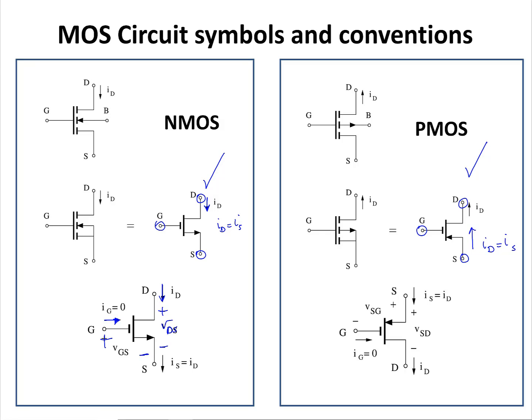For the case of PMOS, we are going to switch the subscripts of the voltages. In other words, we are going to label the source to drain voltage as VSD and the source to gate voltage as VSG. Again, no current flows from the gate to the substrate in a PMOS transistor. ID or IS flows from source to the drain.